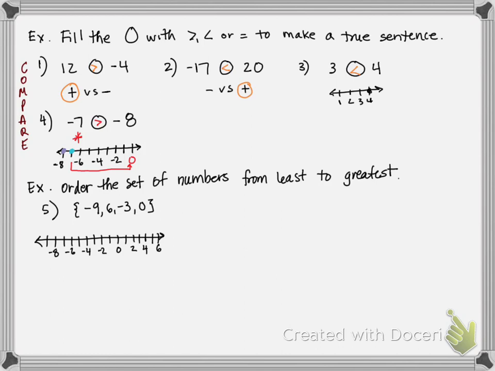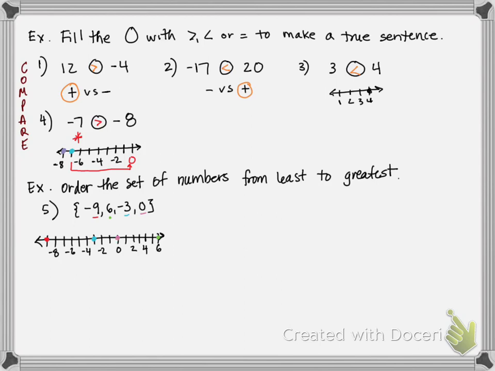So what I'm going to do is color code my numbers, and I'm going to just graph them on here. Let's do blue, and then let's get pink. It's going to be the 0.